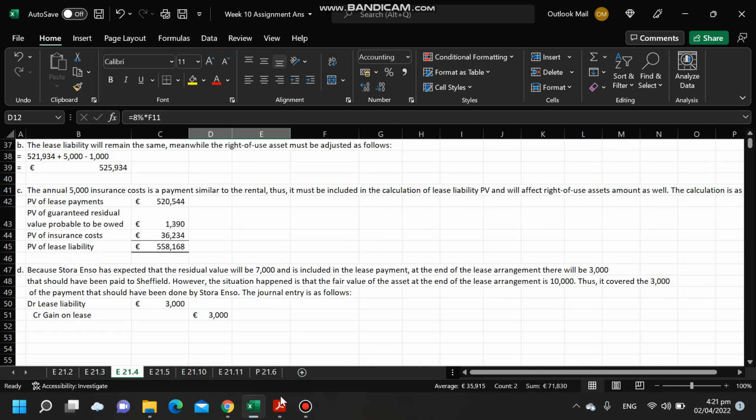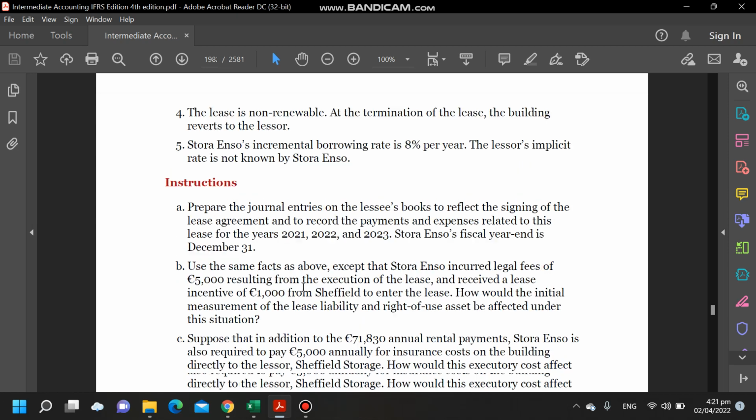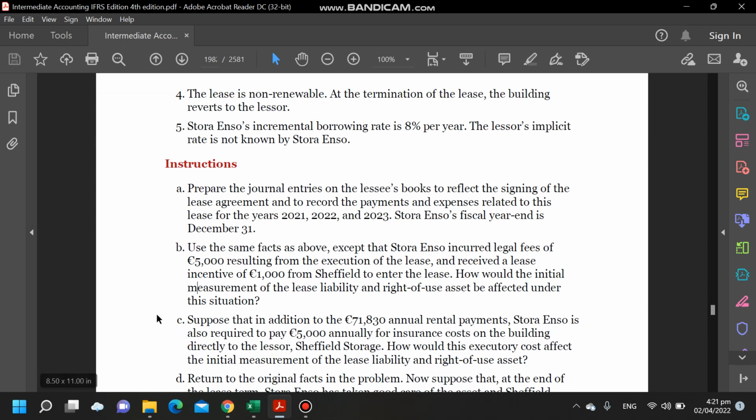And then B, use the same facts as above, except that Stora Enso incurred legal fees of 5,000 resulting from the execution of the lease and received a lease incentive of 1,000 from Sheffield to enter the lease. How would the initial measurement of the lease liability and right of use asset be affected under this situation?